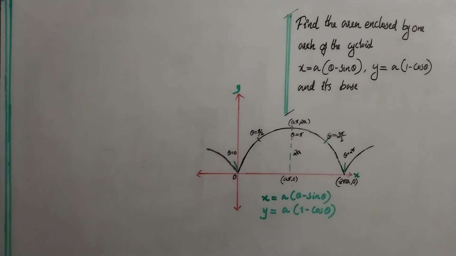And what do you mean by arc of the cycloid? An arc of the cycloid is the portion between two consecutive contacts of the curve with its base.